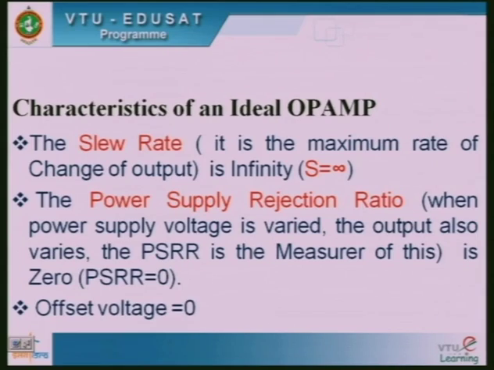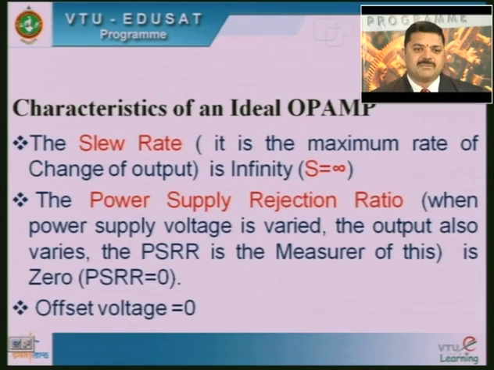Next, coming to power supply rejection ratio. What is this PSRR? When the power supply voltage is varied, the positive and negative power supply voltage which is given to the operational amplifier, the output also varies.